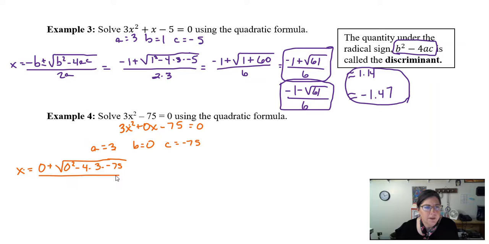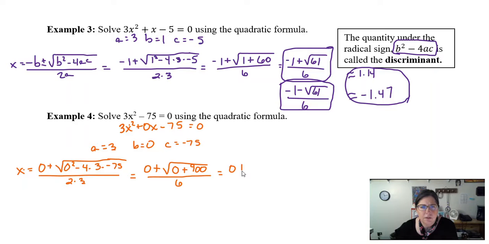This is all being divided by 2 times A. 0 is still 0. 0 squared is still 0. Now I have a negative times a positive, which is a negative. Negative times a negative is a positive. 4 times 3 is 12. 12 times 75 is 900. All over 2 times 3, which is 6.